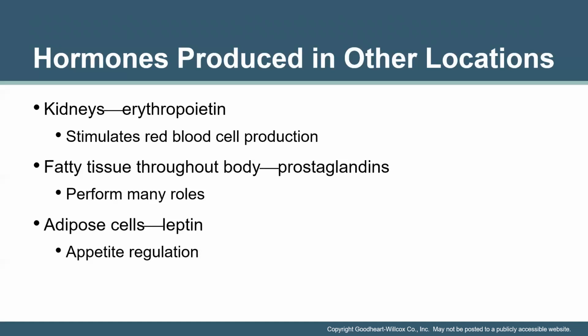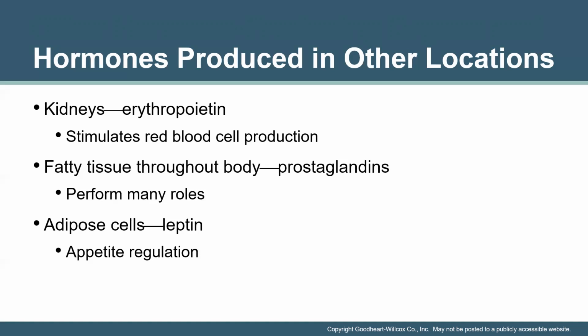They play a part in that. As they're doing that, they're going to be able to detect if the body is in need of more red blood cells. And if so, they can secrete erythropoietin to stimulate the production in hemopoietic tissue.